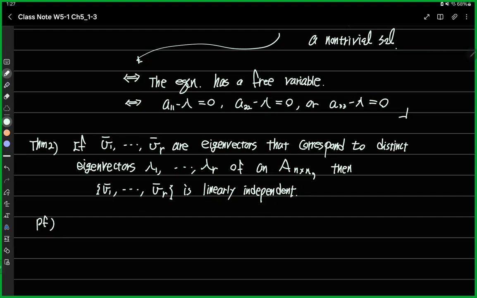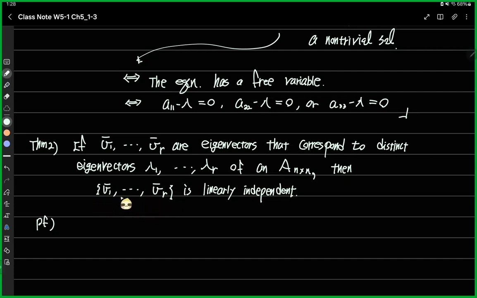Let's figure out what the theorem says. v1 through vr are eigenvectors corresponding to distinct eigenvalues, then v1 through vr are linearly independent. What's the relationship between the matrix A and these vectors?